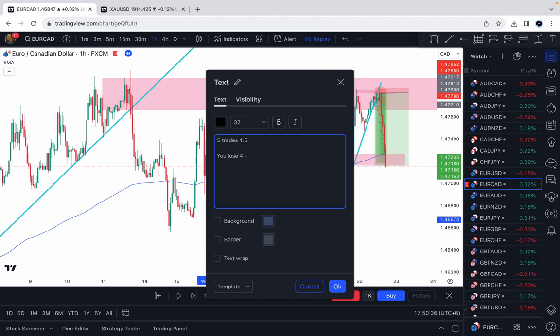So that's minus 4%, right? But you win 1. That's 5%. So think about this. 5 minus 4 is 1%. So at the end of the day, you will still have 1% profit.